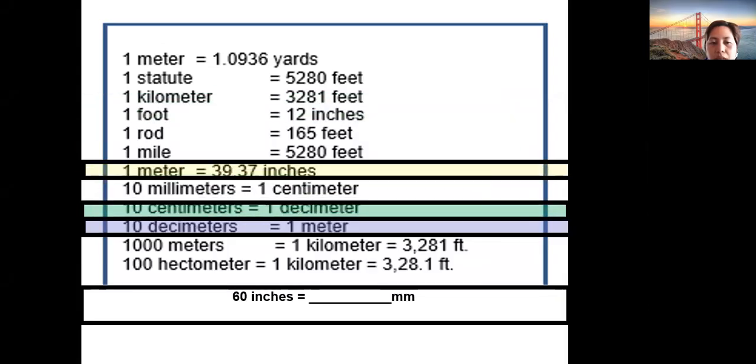So let's have the 10 centimeter and 1 decimeter, because if we can get the equivalent to centimeter, we will arrive at millimeters, the one that is being asked.